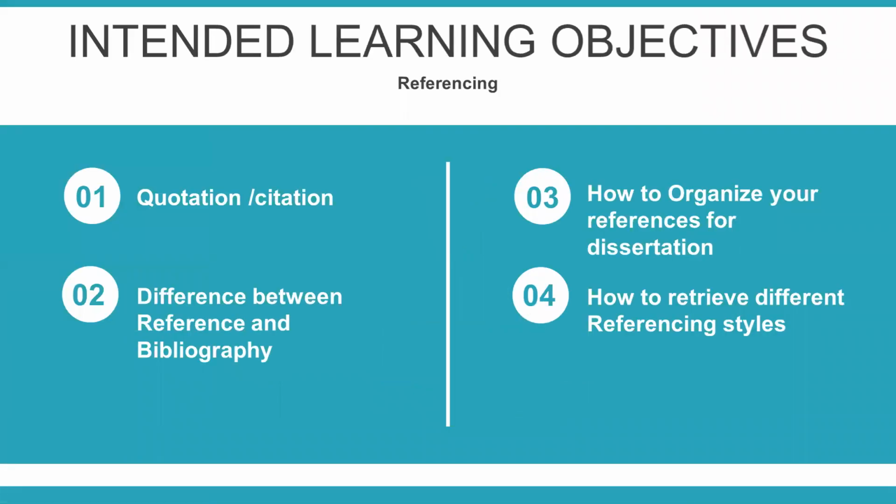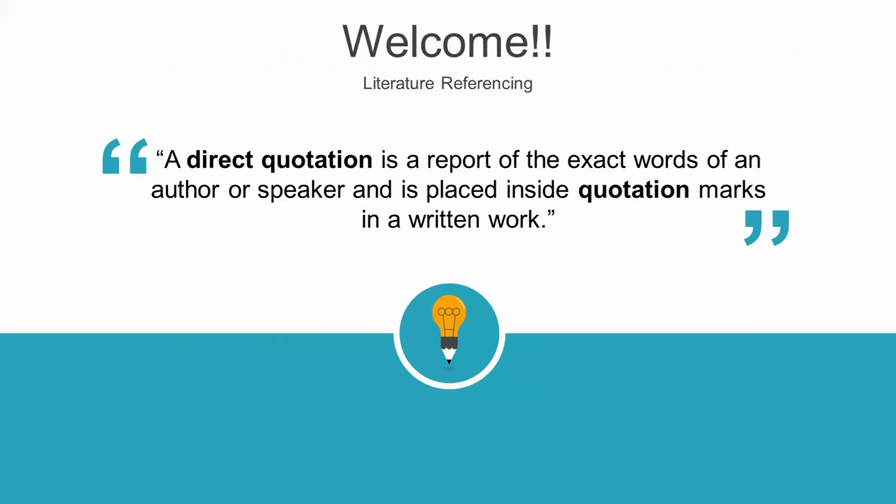So the intended learning objectives of this lecture series on referencing is to understand quotation or citation, understanding the difference between reference and bibliography, how to organize your references for dissertation, how to retrieve different referencing styles. So with this, let's begin.